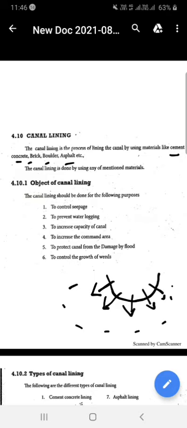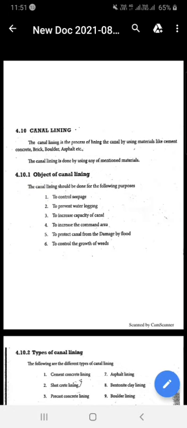Then at some places we can see that water is logged. To understand water logging, we have to understand the soil structure. In geotechnical engineering, you have known that there are three phases of the soil. These phases are solid, liquid and gas.